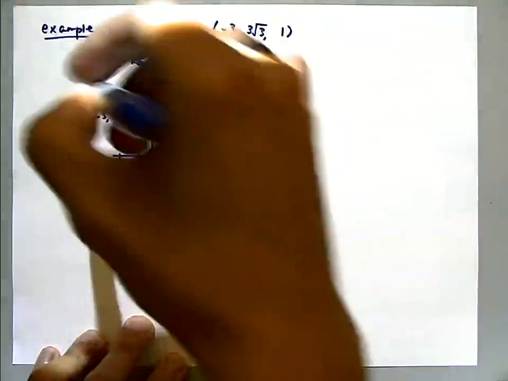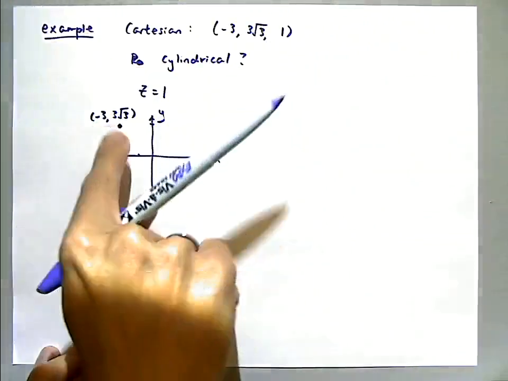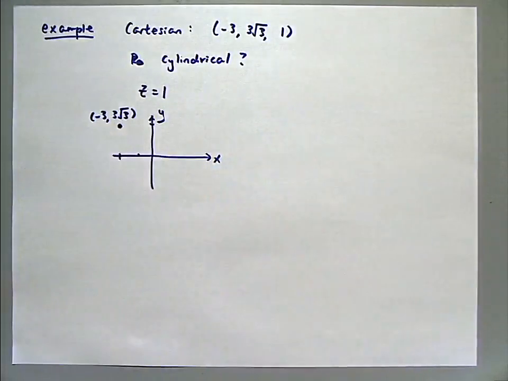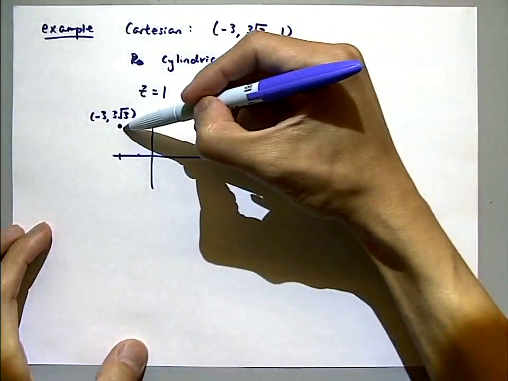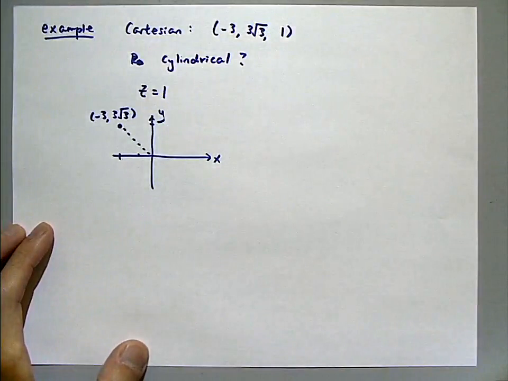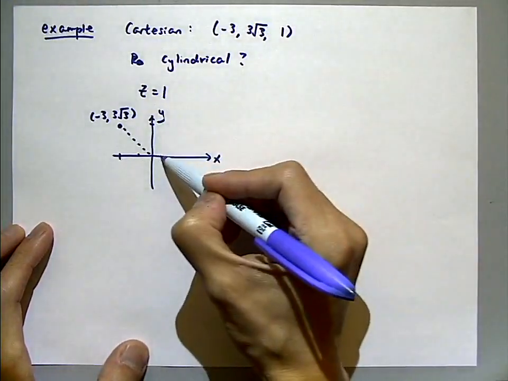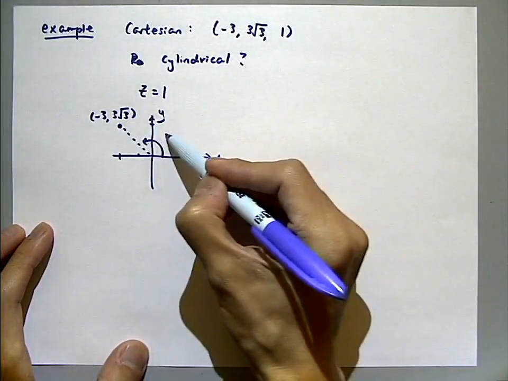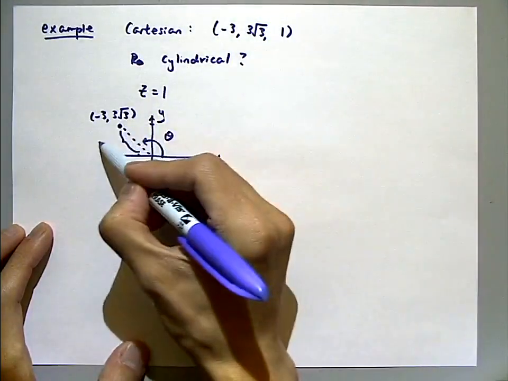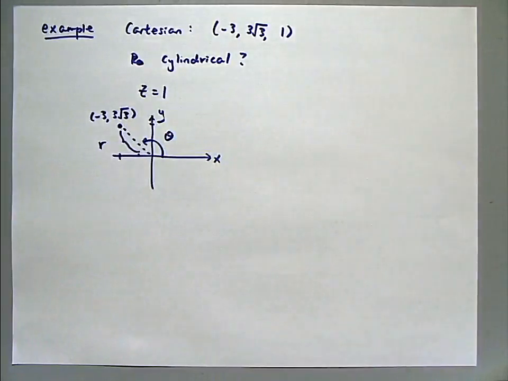So the point really is up here, but the point casts a shadow onto the xy plane right here. We only care about the shadow of that point, because that's where r and theta are defined. As usual, remember that theta is defined from the positive x-axis. And r, of course, is the distance from the origin in the xy plane.